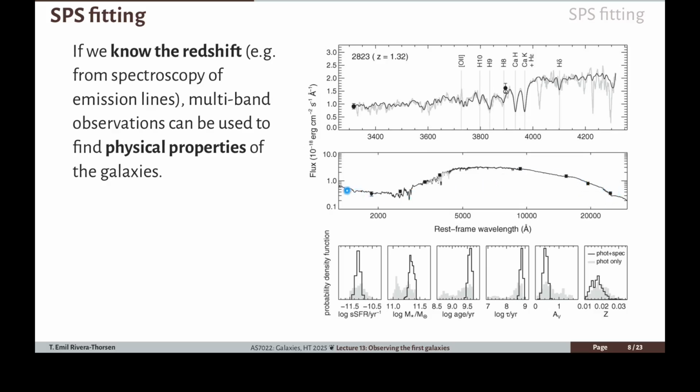And then we construct a spectrum, and then we find the one that fits the best. But as you can see down here, we don't just find the one that fits the best. We also try to vary the various properties, such as metallicity, such as dust coverage, various parameters that have to do with the star formation history, and so on.